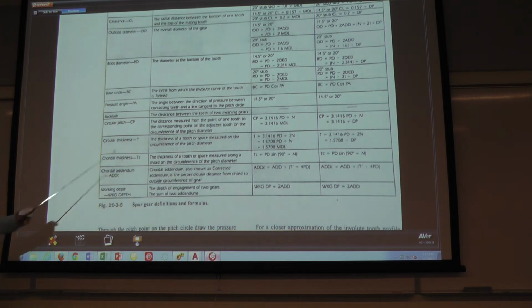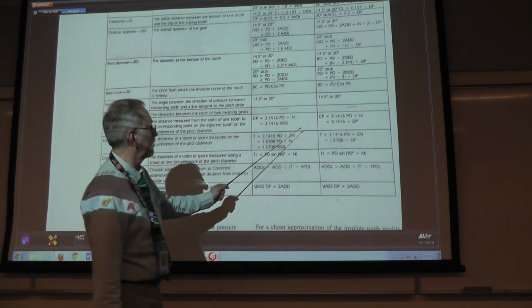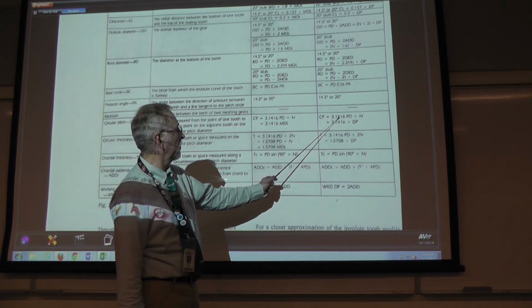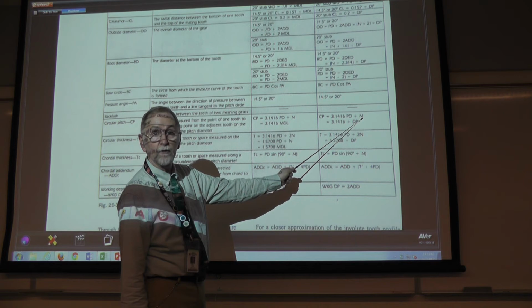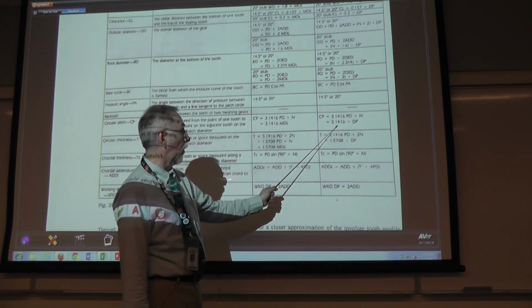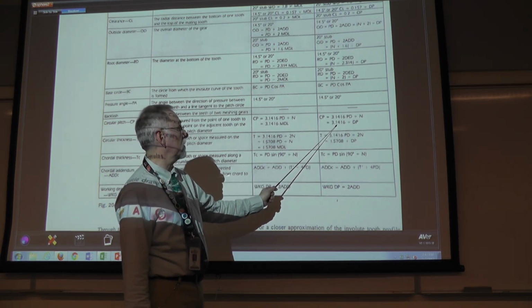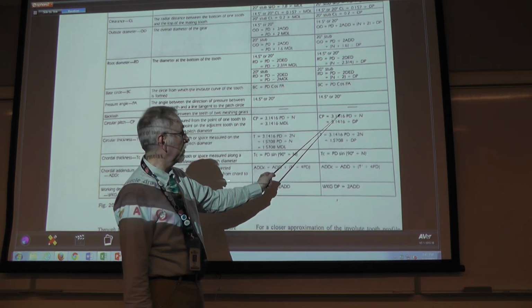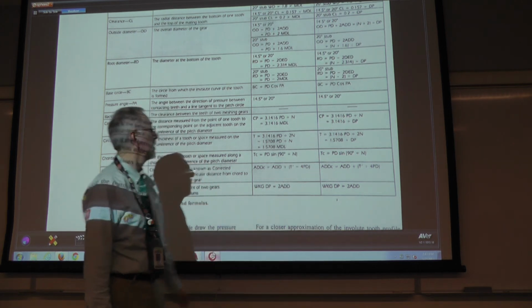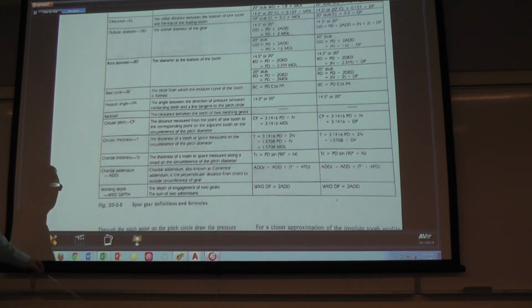I'll have to look at the drawing. The circular pitch is 3.1416 times the pitch diameter divided by N, which is the number of teeth, or you could use 3.1416 divided by the diametral pitch. Either this one or this one would give you the circular pitch.